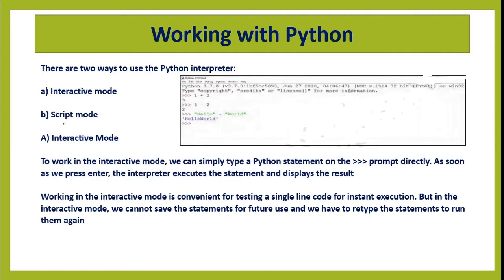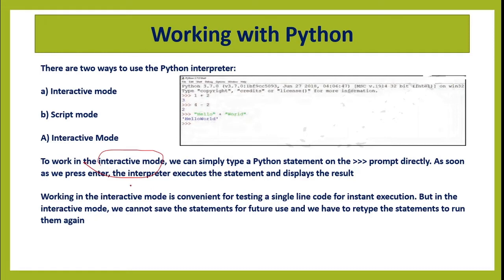Okay. Then there are two ways to use the Python interpreter. The first one, interactive mode. The second one, script mode. To work in the interactive mode, we can simply type the statement on the triple greater than prompt directly.